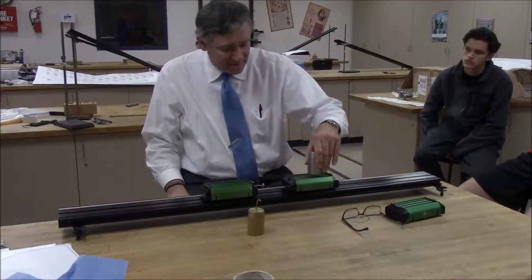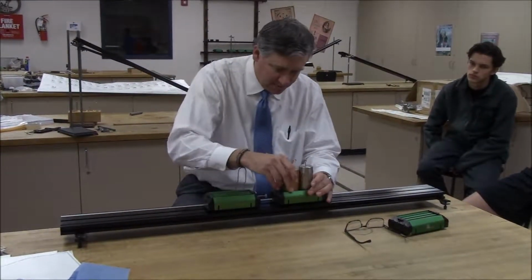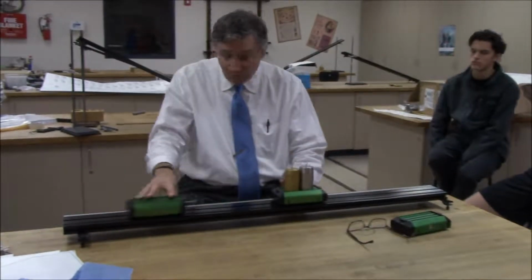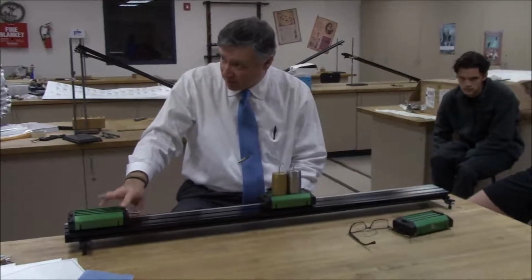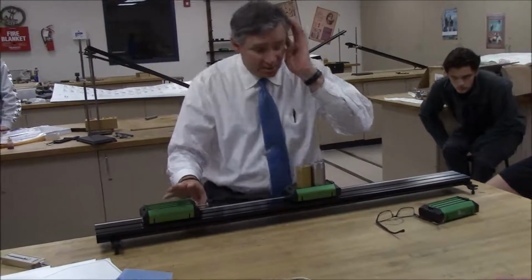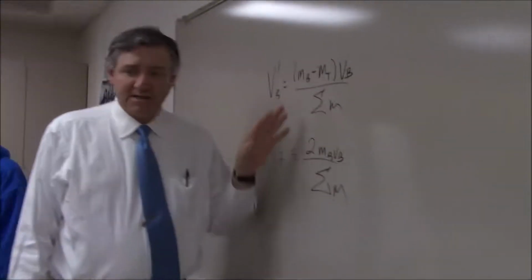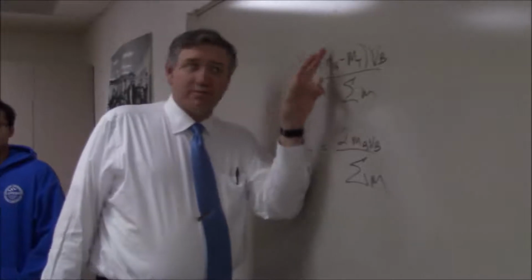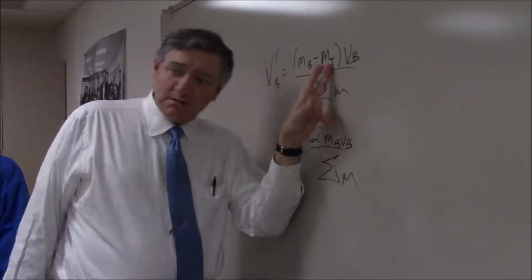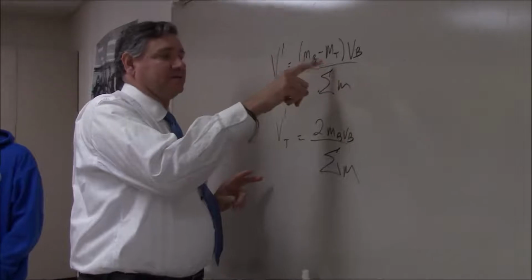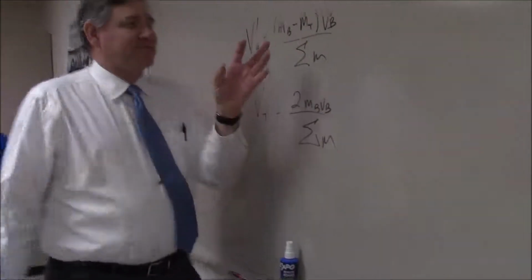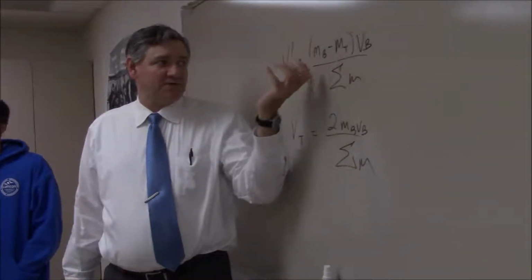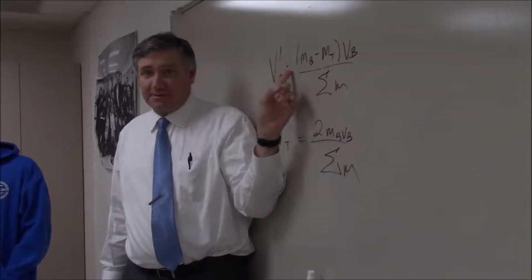Now, let's say that we're going to make the mass of the target really, really big. So I've got a big target and a relatively small bullet. If you look at what happens mathematically, when I subtract this, what should happen?